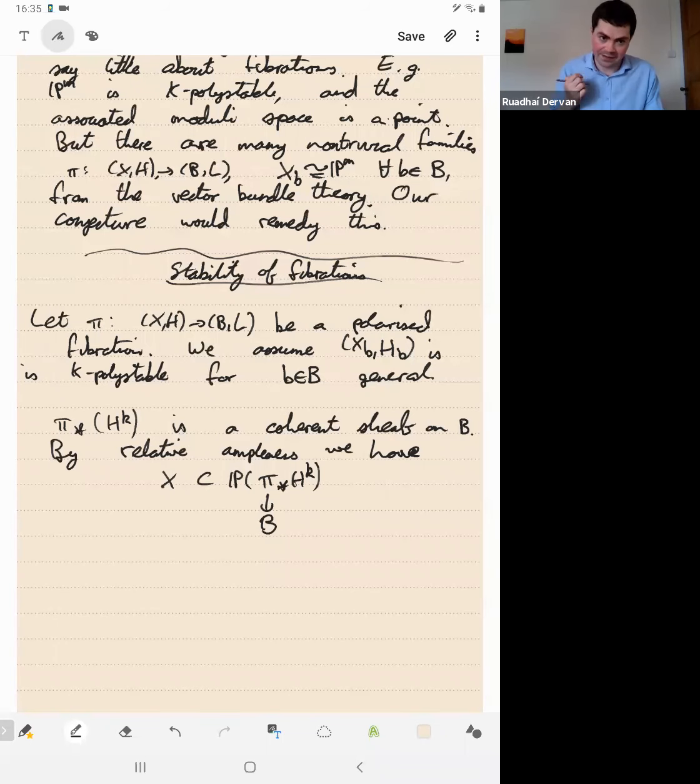So we would have X embedded in a projective bundle. In general, we just have X embedded in the projectivization of some coherent sheaf.